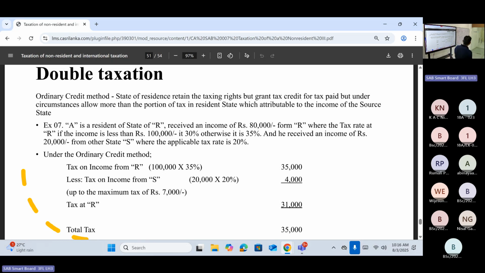So under the ordinary credit method, same example.